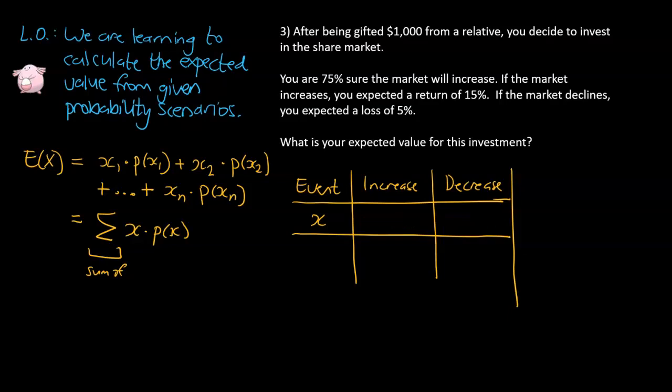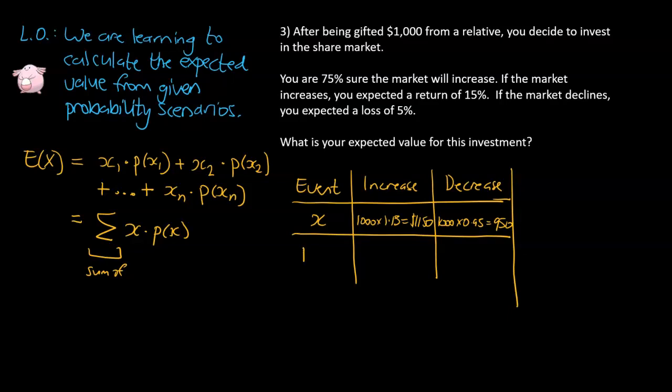So if the market increases, we're going to have a 15% return. So we're going to have 1,000 times 1.15, which is equal to $1,150. If the market decreases, we're expecting a 5% loss. So that's going to be 1,000 times 0.95, which is equal to $950.